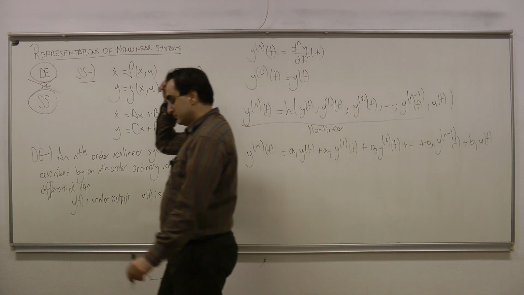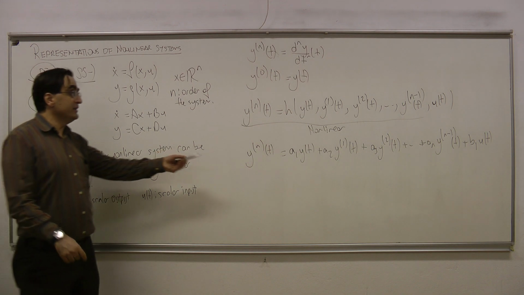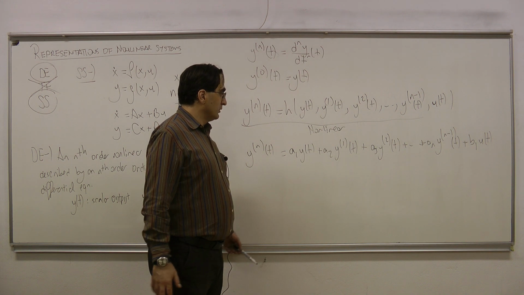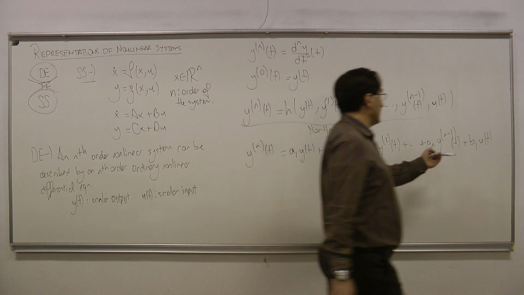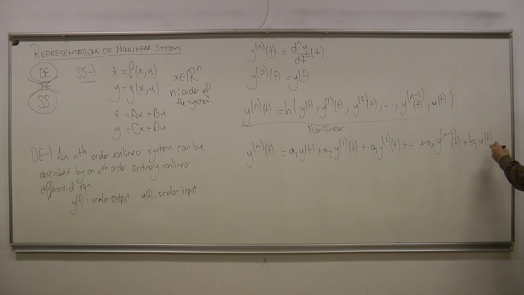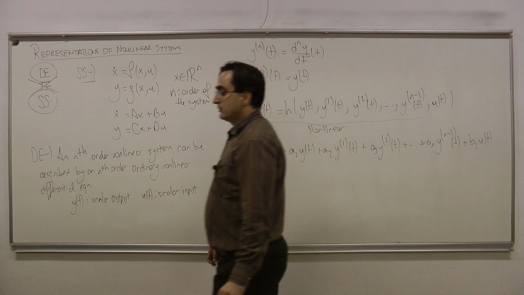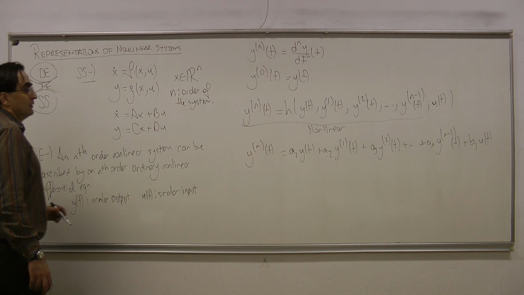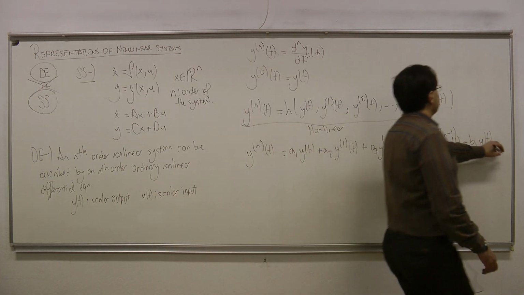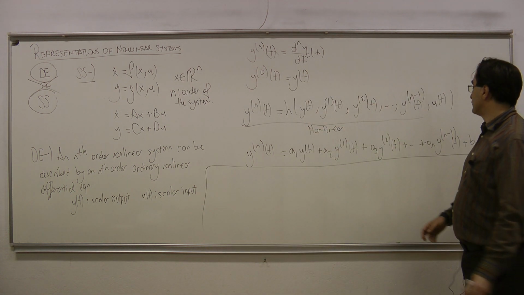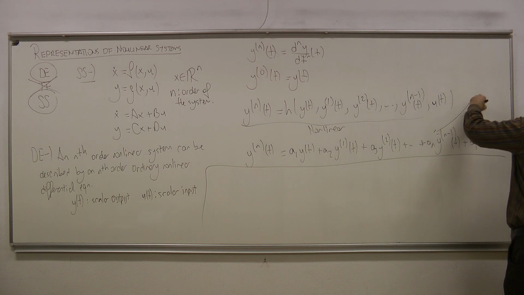Okay? This is the linear version of this nonlinear differential equation. And as I told you, in general here, I might have additional coefficients like b2 u prime of t, b3 u double prime of t, etc. Okay? But here we are not thinking about such terms. So this is the linear case.